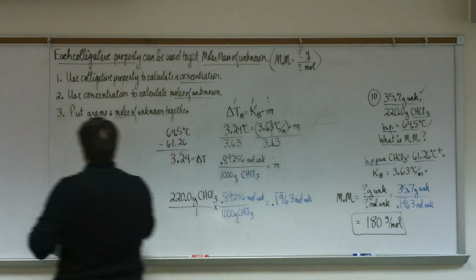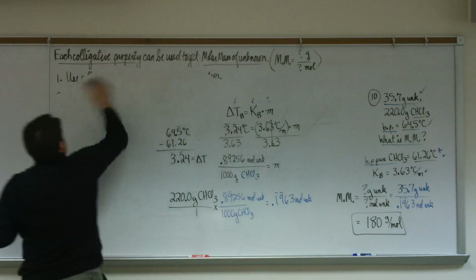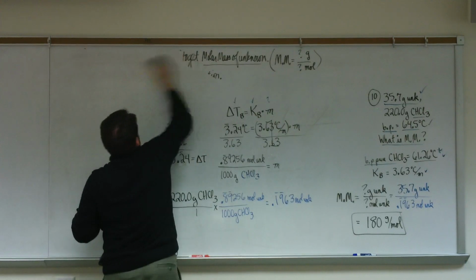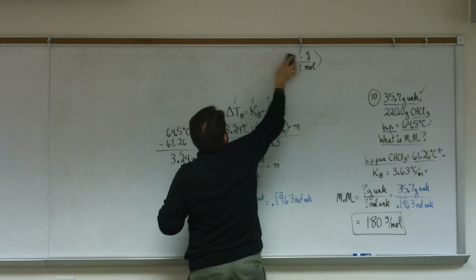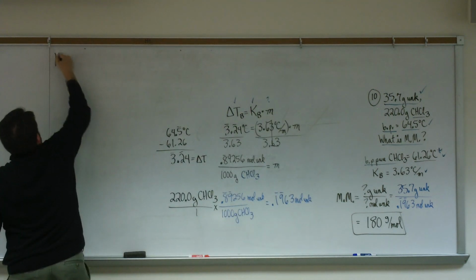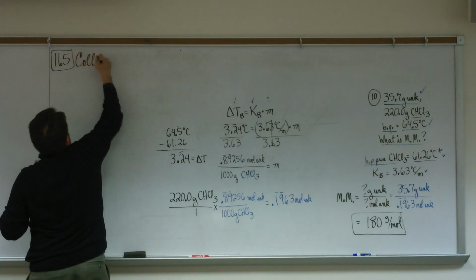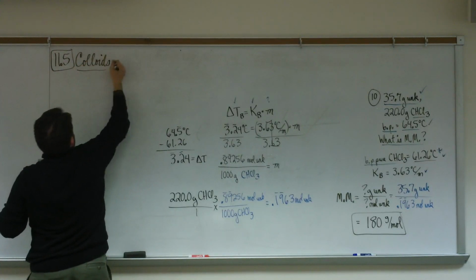Now, this closes 11.4, and it allows us then to finish 11.5, the last part of the chapter. Well, 11.5 is reasonable to read. You should read it on your own, and it is about colloids.